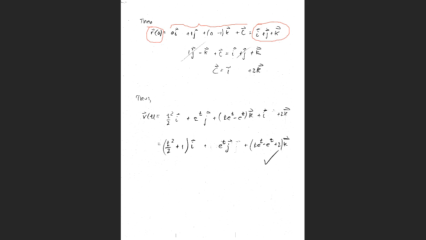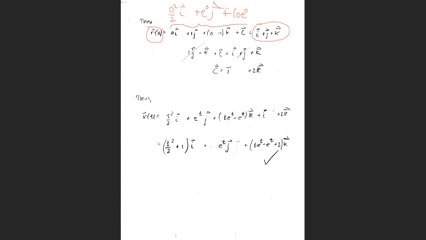So this means 0 squared over 2 times i, plus e to the 0th power times j, plus 0 times e to the 0 minus e to the 0, k.